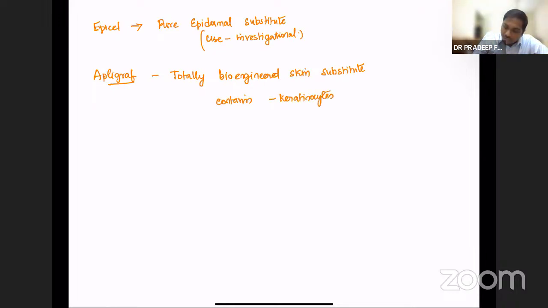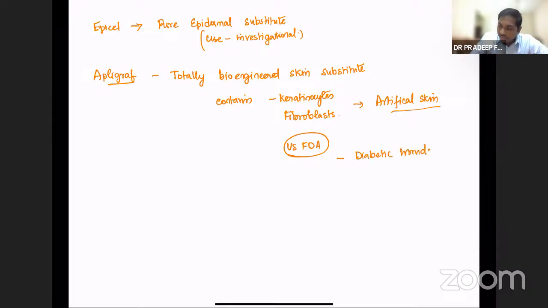Keratinocytes form the epidermis, and the fibroblasts form the dermal scaffold to form an artificial skin. So it has been recommended by US FDA in diabetic wound closure instead of skin graft. Diabetic wounds as well as the venous ulcer.